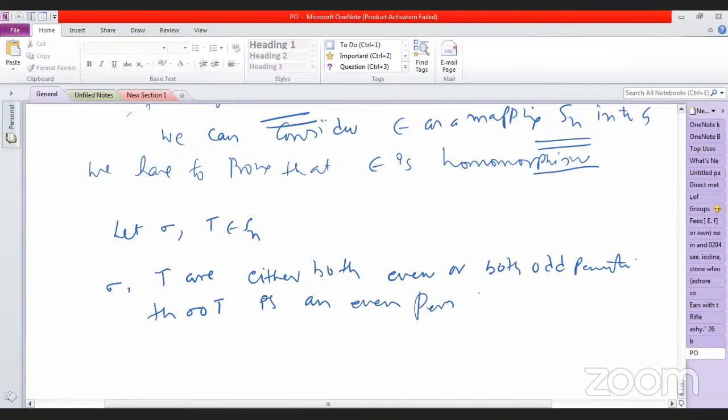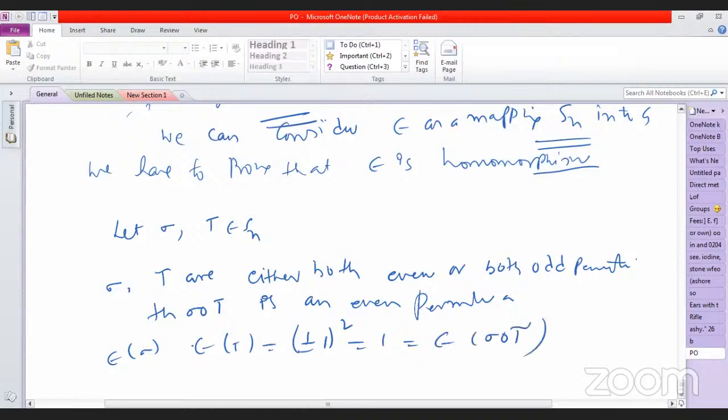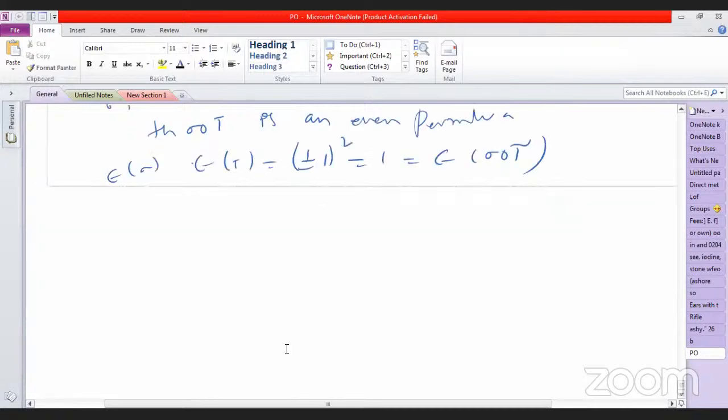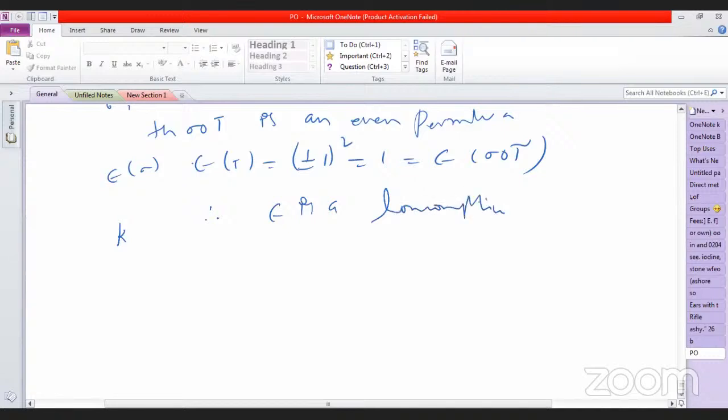This we can write as plus or minus 1 whole square. Therefore, epsilon is a homomorphism.